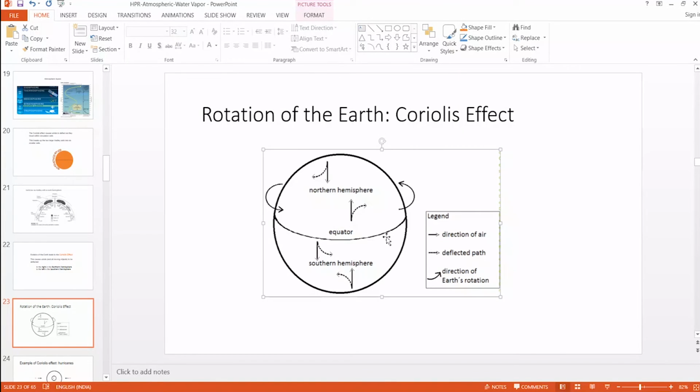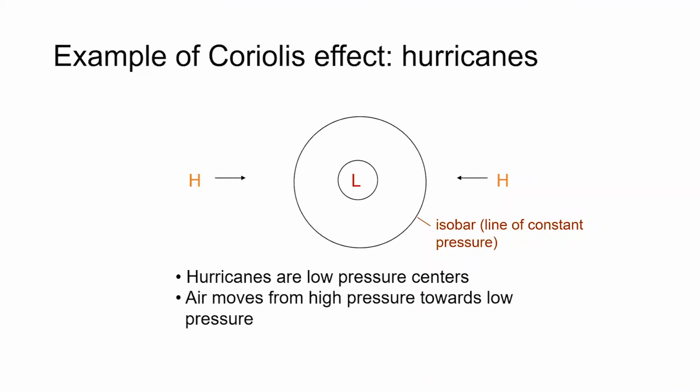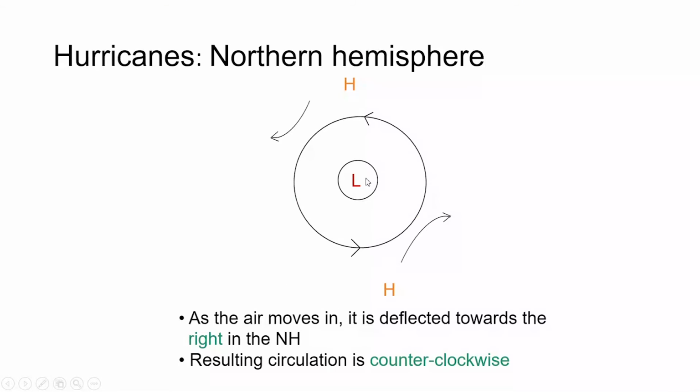This Coriolis effect is very important because it drives the circulation pattern of cyclones. You see here, this is hurricanes in the northern hemisphere.